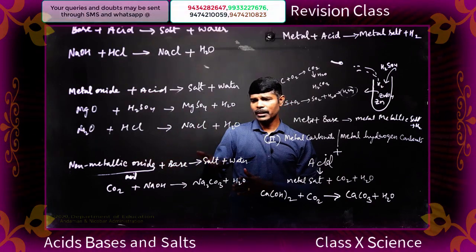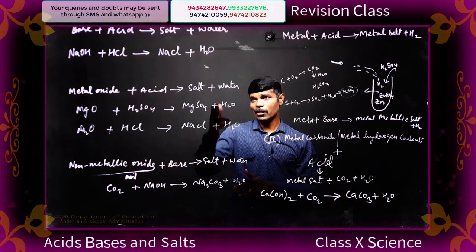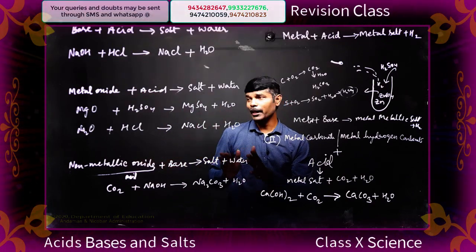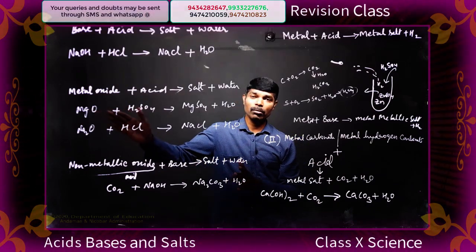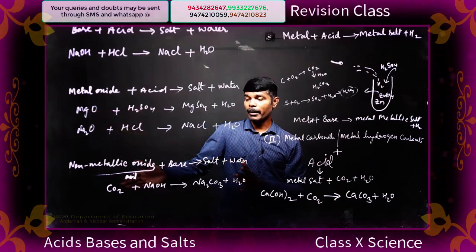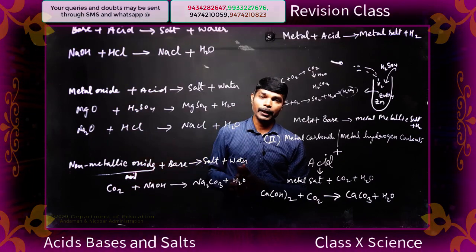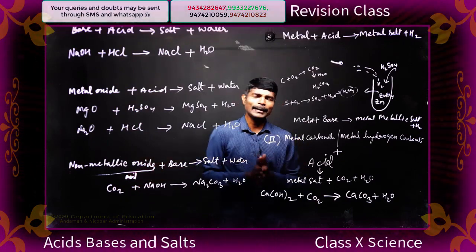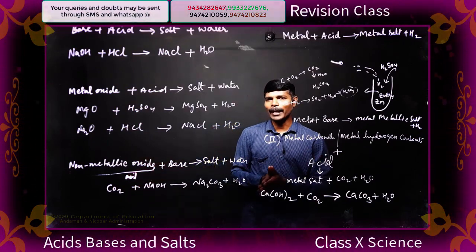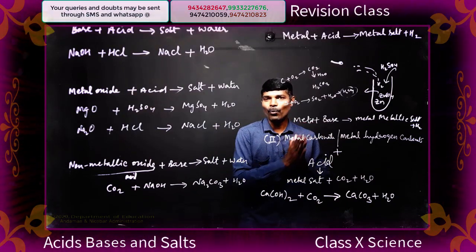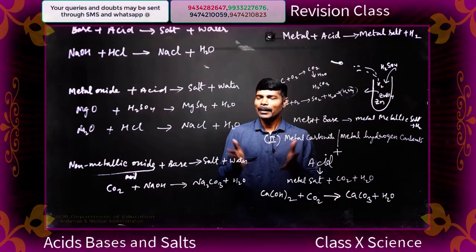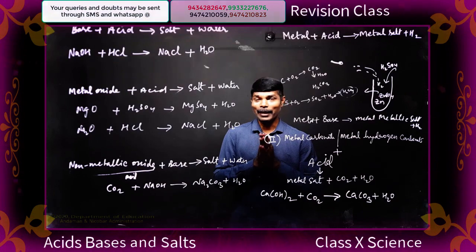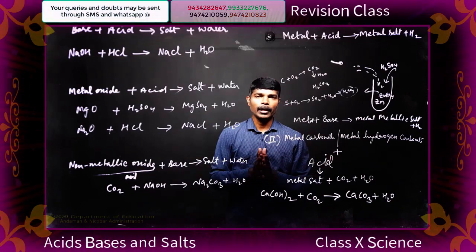In both the cases we can see the similar kind of observation, that is salt and water is produced. The thing is, metallic oxide, you should know it is the basic behavior, and the non-metallic oxides, you should know it is the acidic behavior. So we know that whenever acid reacts with base or base reacts with acid, we get salt and water. This concept you keep in mind, then everything will be very easy. So this is about the chemical properties.